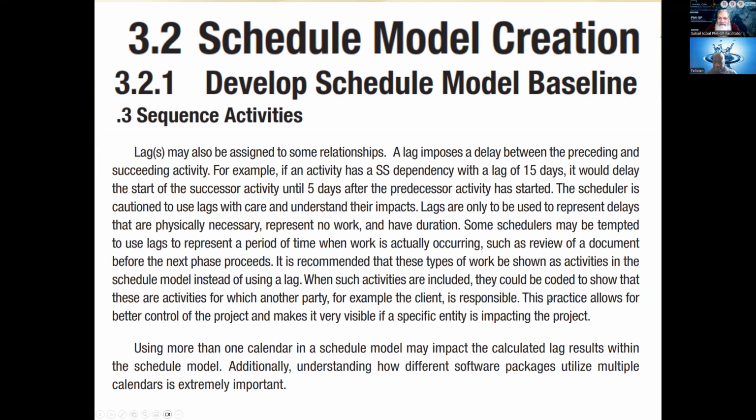When such activities are included, they could be coded to show that these are activities for which another party is responsible, meaning approval has to be given on something. Your team is not going to give the approval. So let us put it as an activity, give it an activity code, but assign it to the authority who has to give the approval.